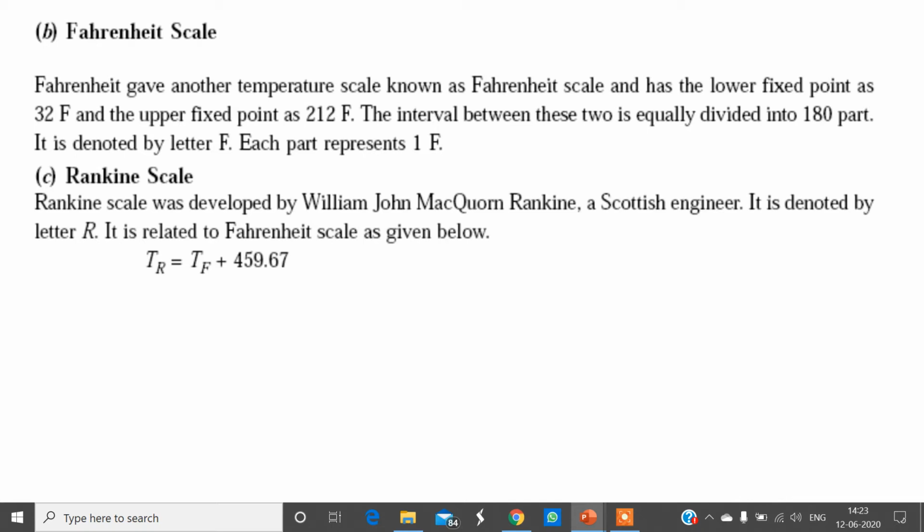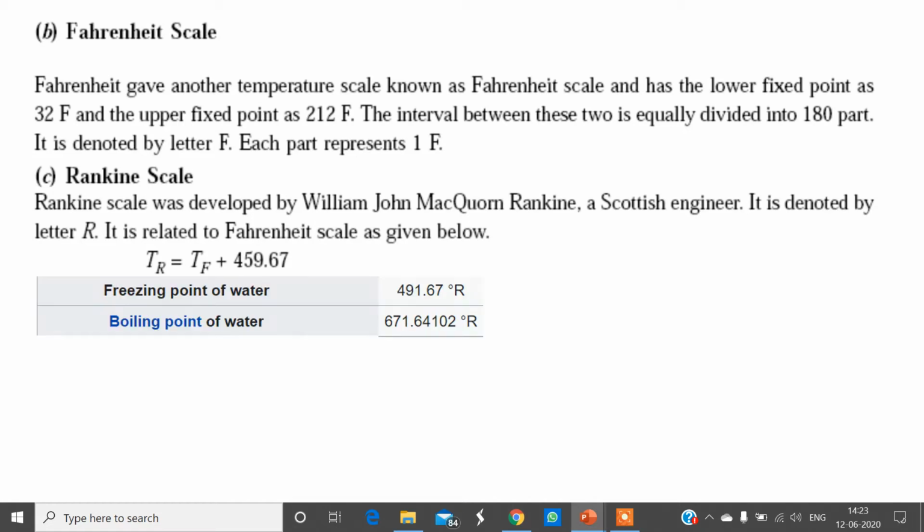Now, in the Rankine scale, the ice point, that is the freezing point of water, is taken as 491.67 Rankine, and the boiling point of water is taken as 671.64 Rankine.